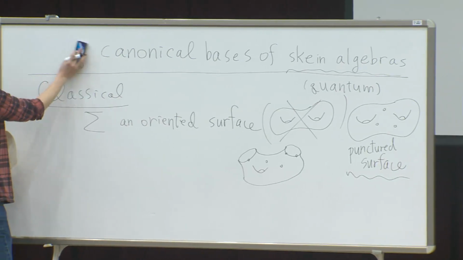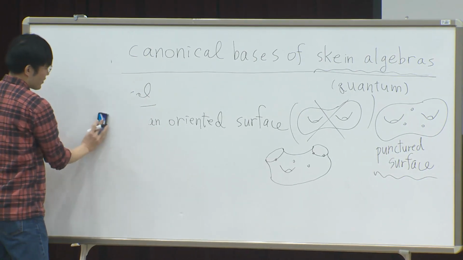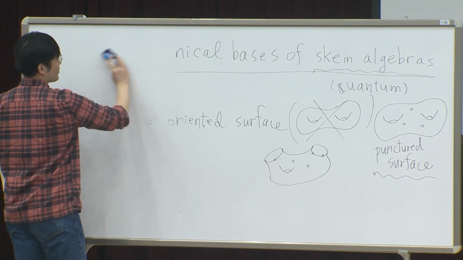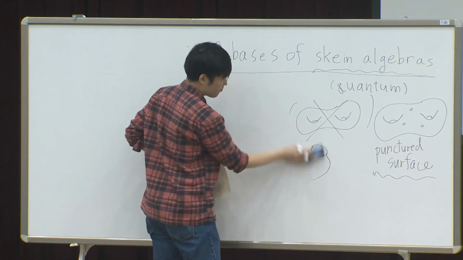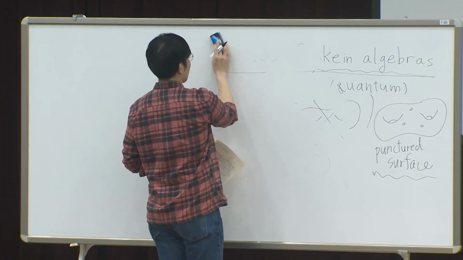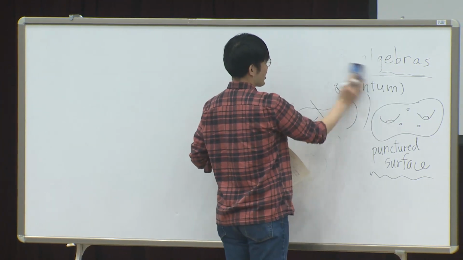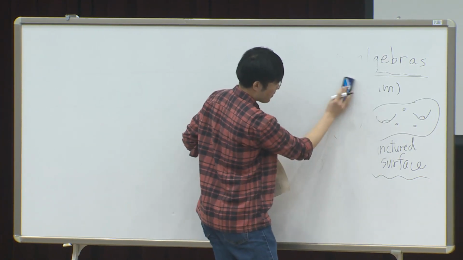And then the classical result is that actually these trace functions generate the whole algebra of regular functions of this character variety. This is a result by Procesi from the 70s.